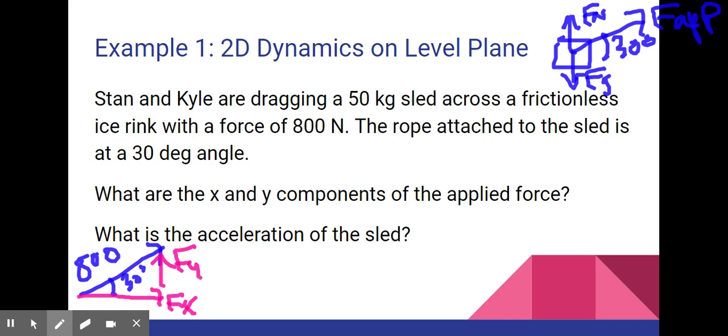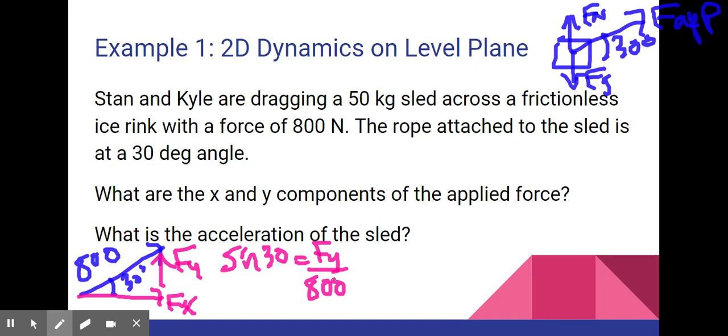Okay, so in order to do this, we need SOHCAHTOA. So sine of theta is equal to the opposite side divided by the hypotenuse. Our opposite side would be the f sub y value here. So in order to find f sub y, we have sine of 30 is equal to fy divided by 800.